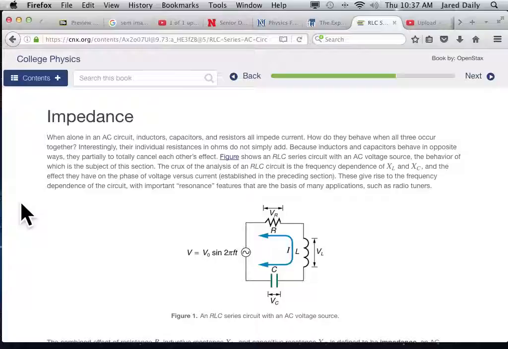The voltage is changing all the time, and at one point when the voltage is high, the impedance through the inductor is really high, but at the other time when the voltage is really low, the impedance through the capacitor is really high. But all the time, the resistor is there. The resistor is always resisting, doesn't really care what's going on with anything else. But these things work against each other and with each other.